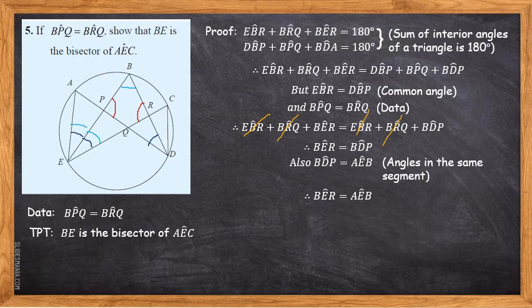This is equal to AEB. Right? Okay. Then look at this. Then BE is the bisector of AEC. බලන්න BER කියන එක AEB ට සමානයි කියන්නේ BE කියන එක bisector එක වෙනවා. Right? Okay. That is how we do the proof.